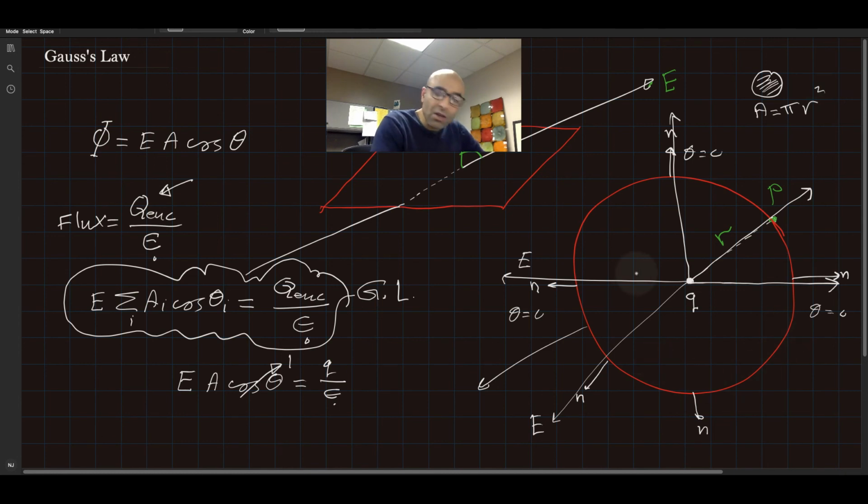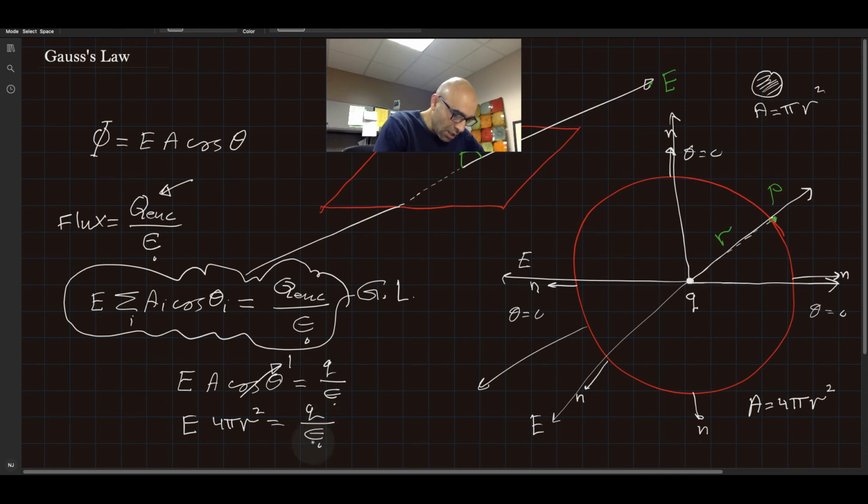But this is a sphere. What is the surface area of a sphere? The surface area of a sphere is equal to 4 pi r squared. It's good to memorize these things sometimes. They come in handy.